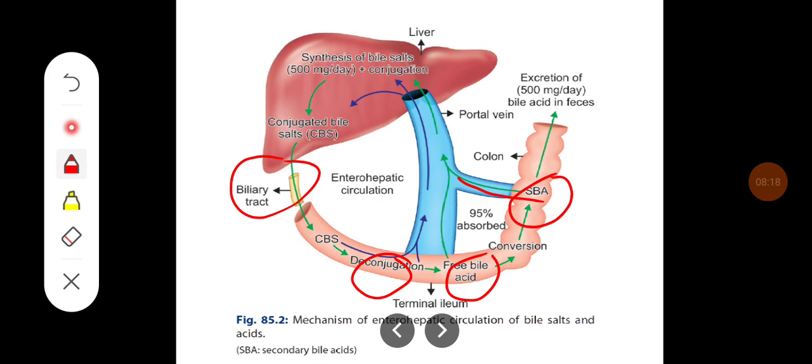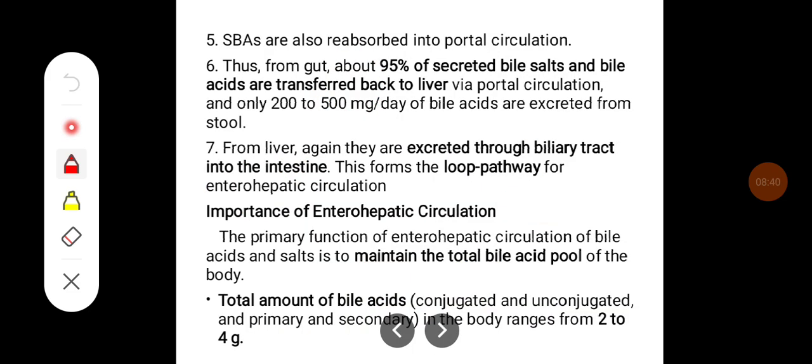Again, those recirculated bile acids and bile salts enter into the biliary tract. This kind of circulation is called enterohepatic circulation. This occurs for both bile salts as well as bile acids. The secondary bile acids are also reabsorbed into the portal circulation.